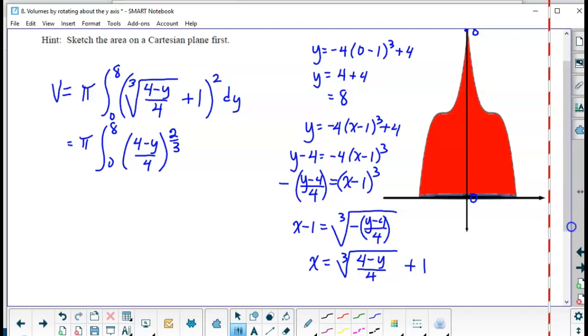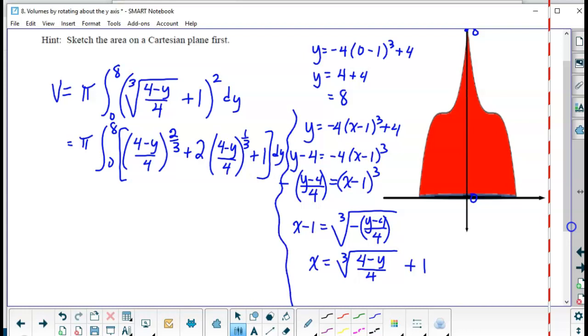Then the product of the two terms doubled will be plus 2, and again, I'm going to use powers. So 4 minus y over 4 to the 1/3. And then plus 1 dy. Separate that.